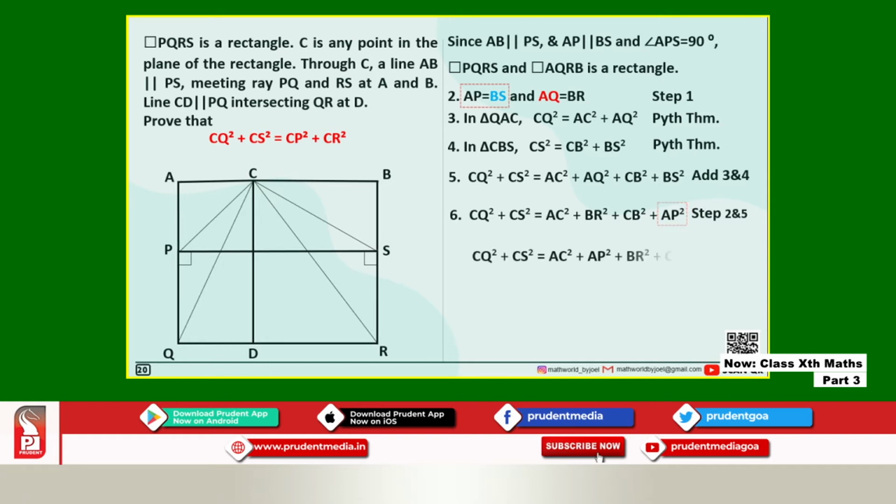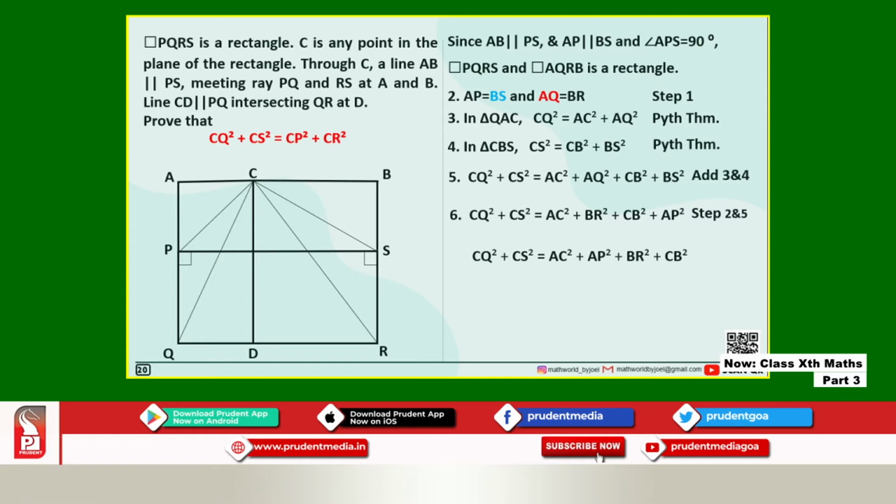Okay, now step number 6 is just adjusting here and there, and what I've done is AC square is exactly in the place where it was. AP square I've just moved from the last term to the second term. Now you'll ask me, how do you realize suddenly you have to move these terms over here? If you look at the figure again, you will realize that AC and AP are nothing but parts of that same triangle.